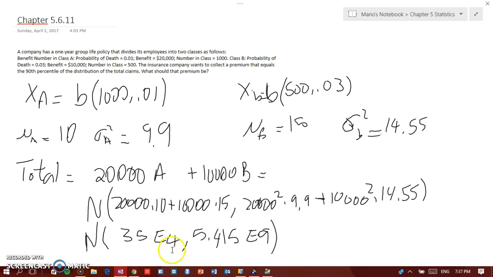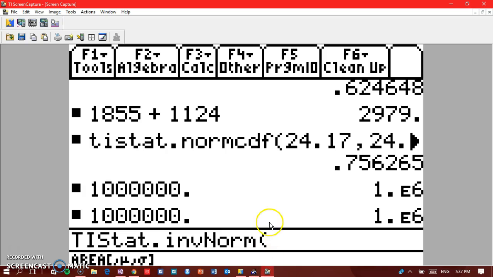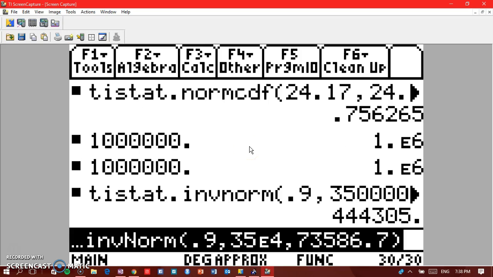So you need to find the square root of the variance to get the standard deviation, which is 73,586.7. After I click on it, then click again here, and there we go. This is how much money it would be for the total, which is $444,205.